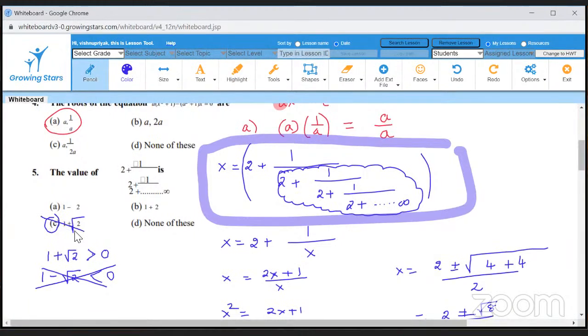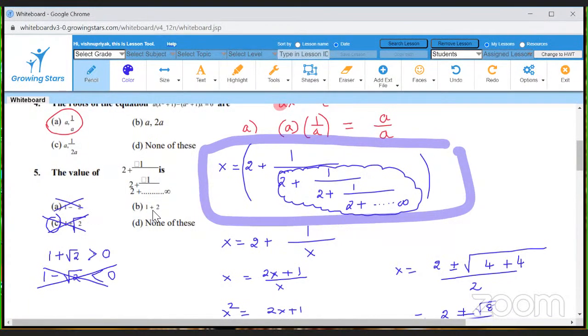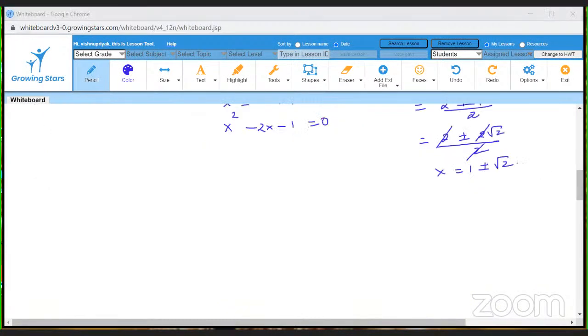So I can't take this, I can't take this. But 1 plus square root of 2 is in B. So I have to go for B. So after getting the answer also, you have to analyze it. It's not that easy to write the answer directly.